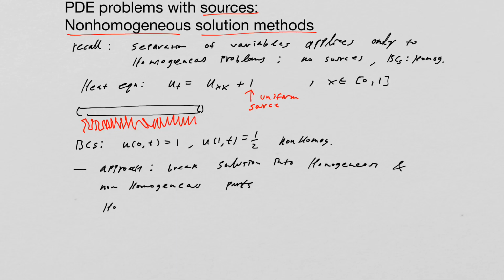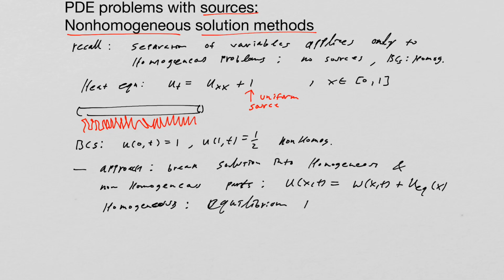Okay, so with the non-homogeneous parts, what we're going to do is say u(x,t) is actually equal to w(x,t) plus u_eq(x). So those are the two parts. And the non-homogeneous part, that's going to be an equilibrium problem.